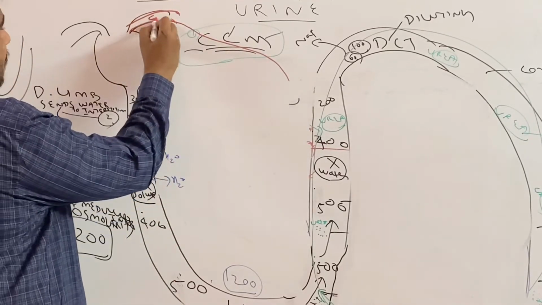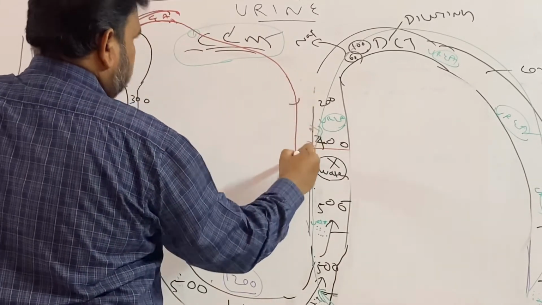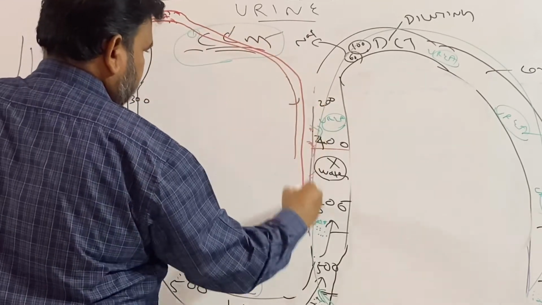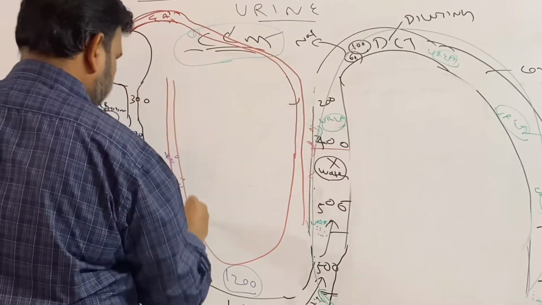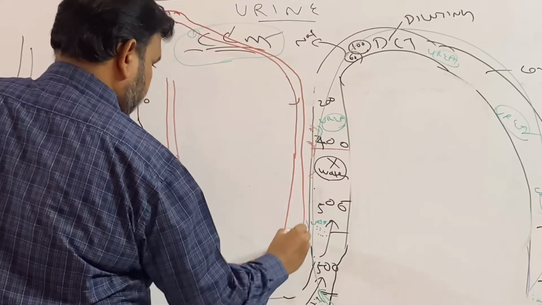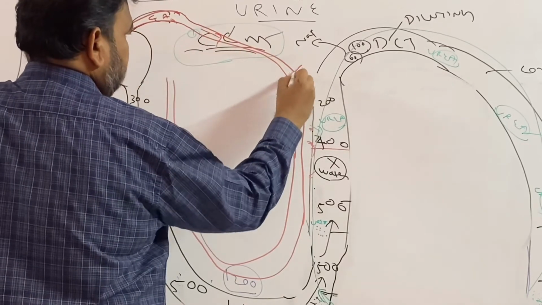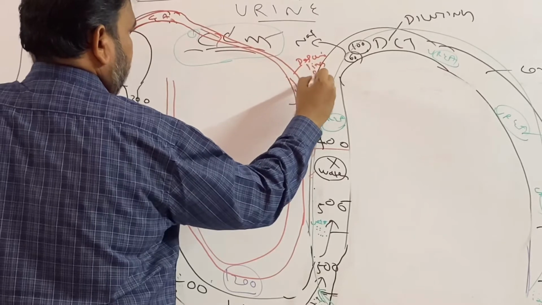So this is the efferent arteriole. It is also making a U shape. So this is the descending limb of vasa recta.